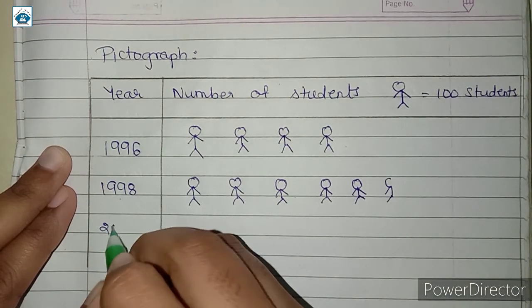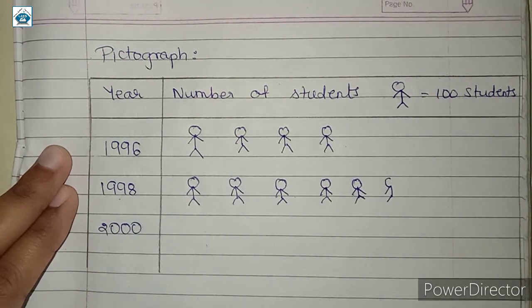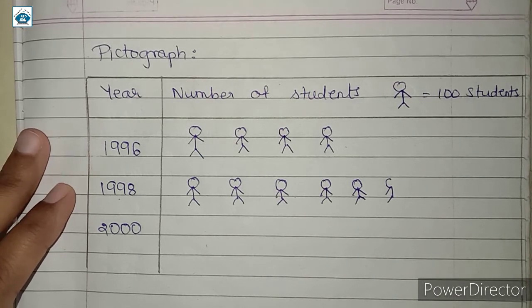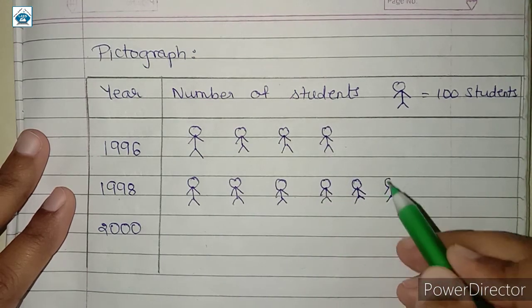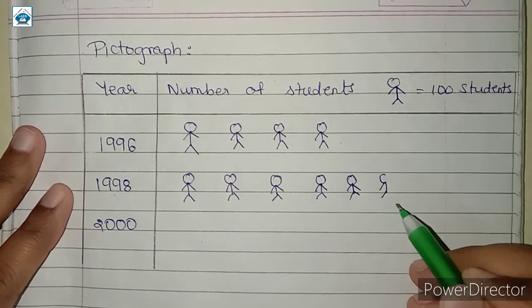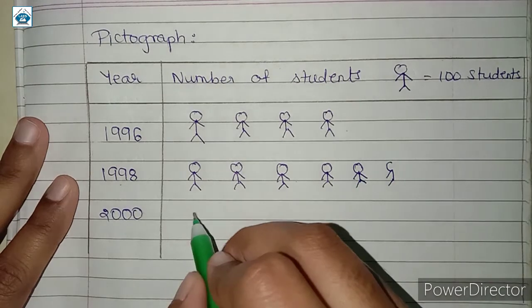Next, in the year 2000, we had 472 students. There were 472 students, but we rounded off and we got 450. So we will draw 4 symbols and one symbol, half the symbol that represents 50.